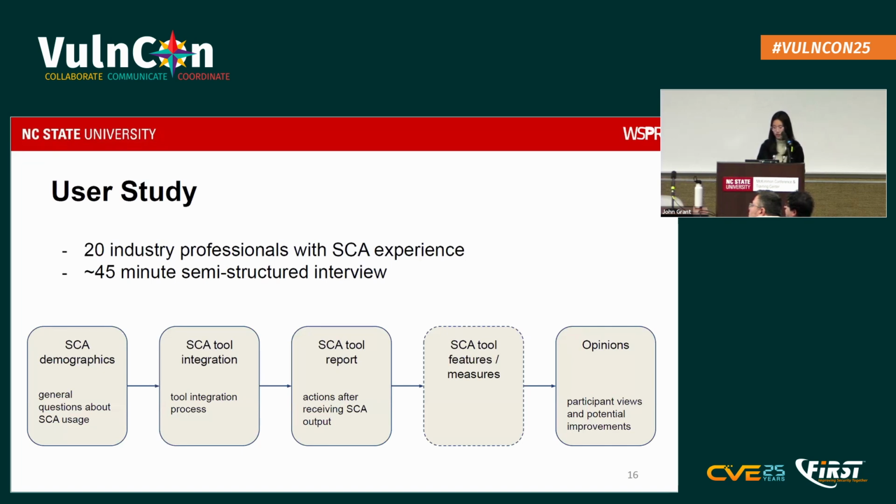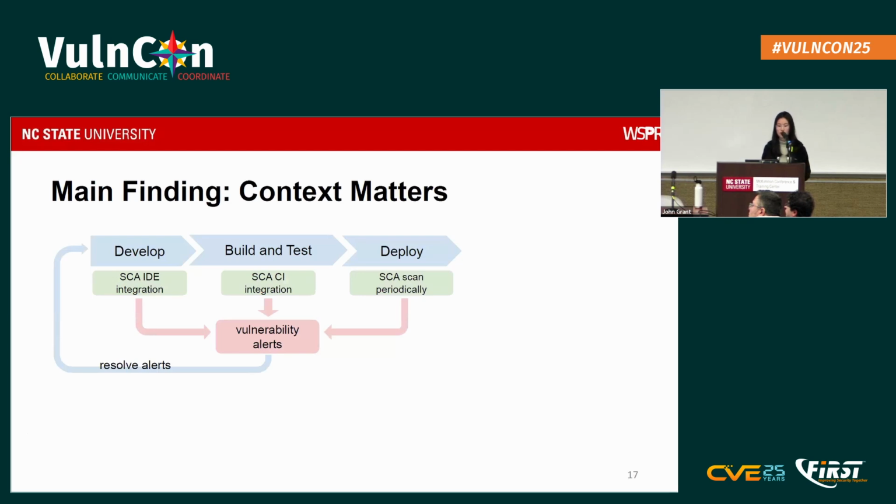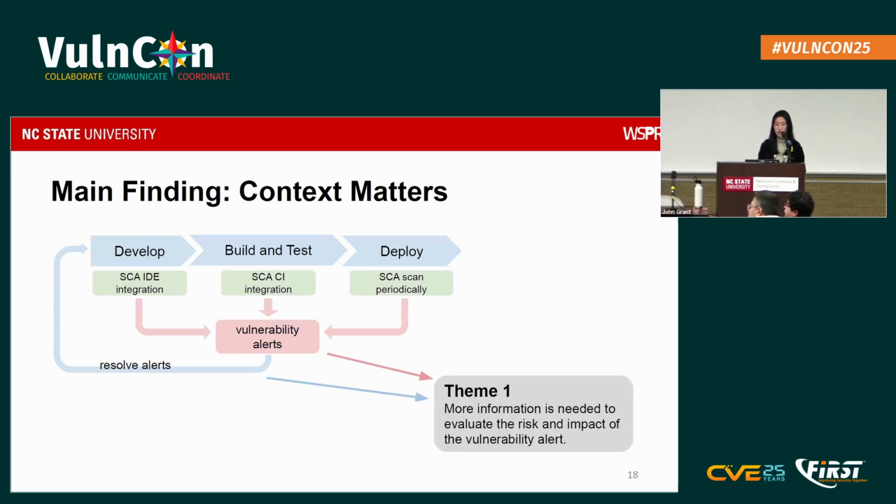So after talking to 20 industry professionals, we had one main theme that tied all the findings together. And it was that along the entire SCA tool process, context really matters, and there's a lack of context in certain areas. So we discussed this in 3 aspects.